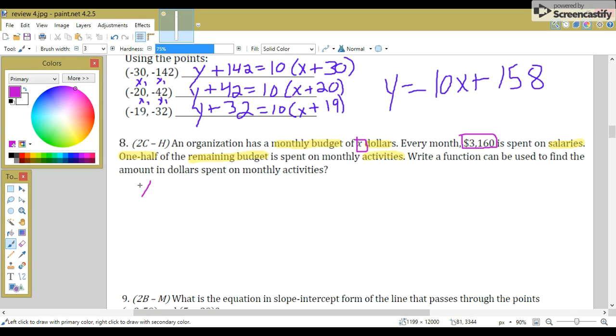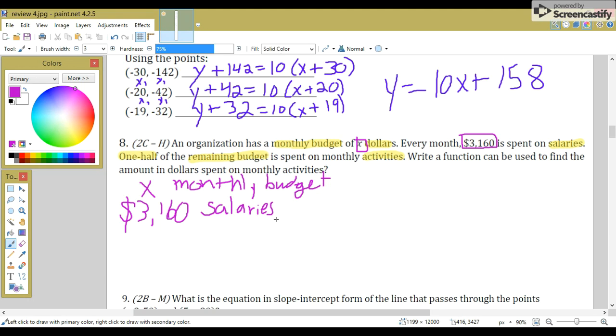So we have x for the total budget. That's the monthly budget. And then we have $3,160 for salaries, and salaries from the budget.